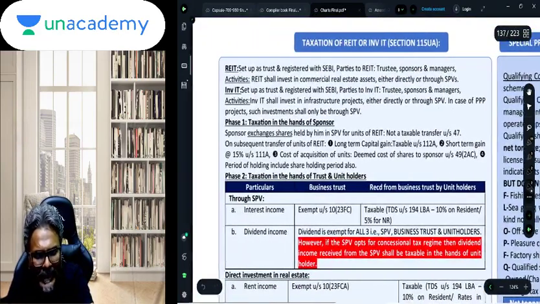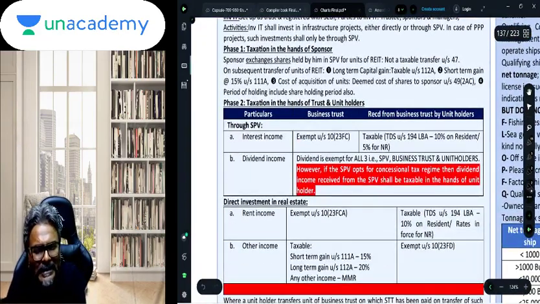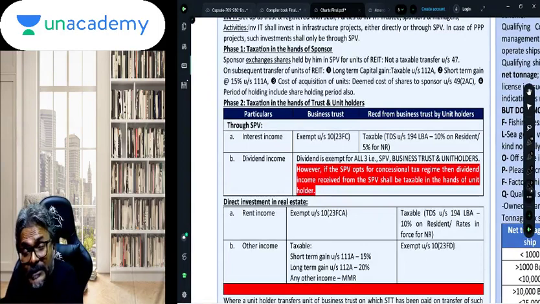Now, at what rate, students, would this tax be chargeable in the hands of the unit holder? As I've already discussed with all of you, if the unit holder is a non-resident or a foreign company, then the applicable tax rate happens to be 10%.